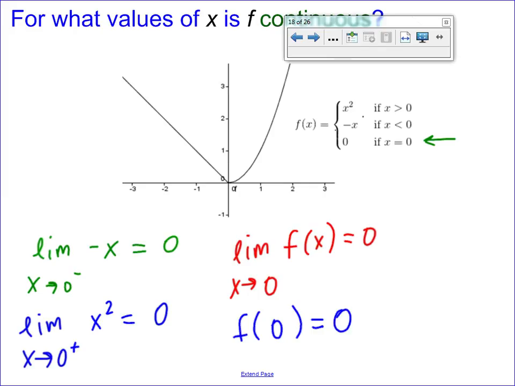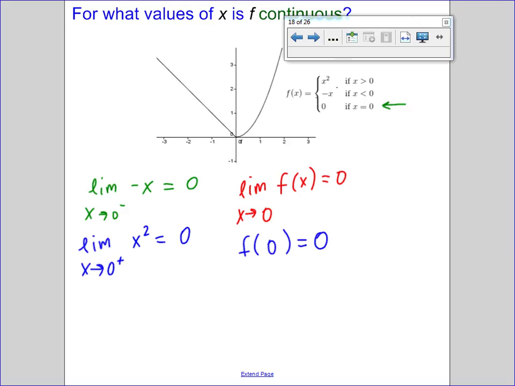So in this context, we've got our picture, we've got the overall limit existing, we've got the function being defined, but the most important thing is that those two are equal, so we satisfy the equation. That is, the limit of f of x as x approaches c, in this case 0, equals f of c, in this case 0.